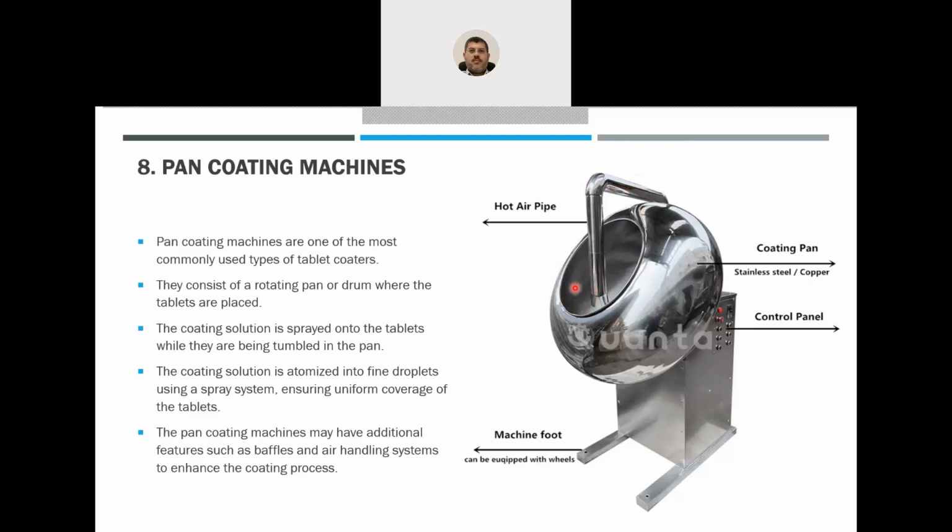So the worker will be continually spraying the coating material, and this pan is rotating. So all the sides of the tablets will be exposed to the spray, so that they will have a uniform layer around them of the coating material, and this solvent will be dried by the hot air, so it will leave the coating material around the tablets, and you can get the tablets dry, not wet.